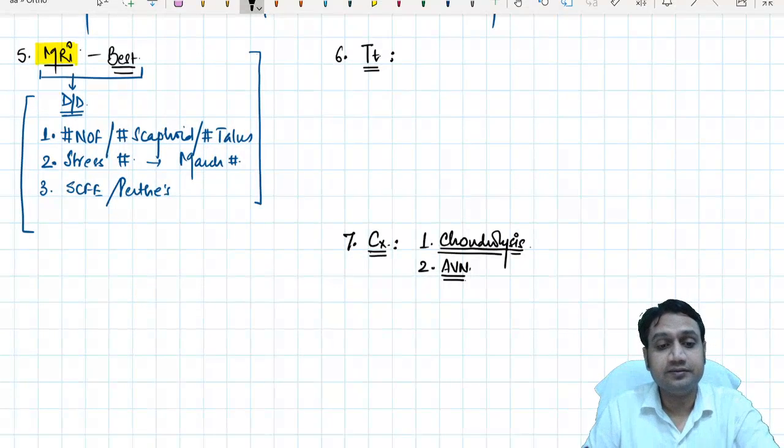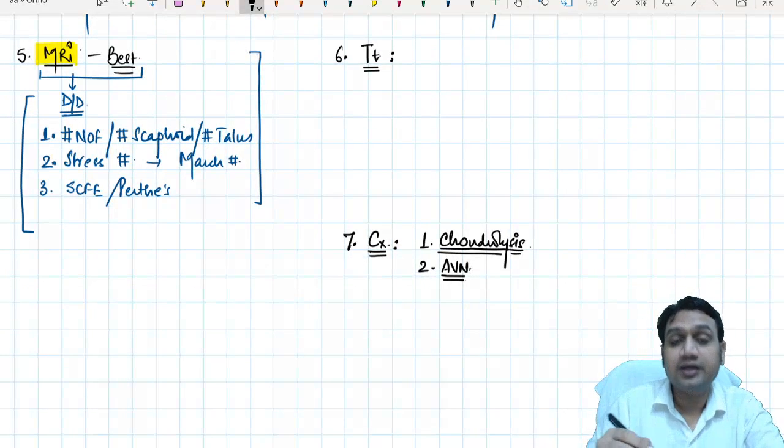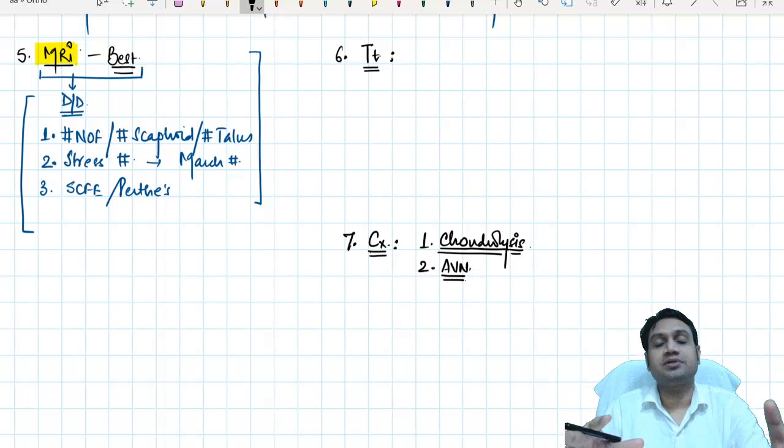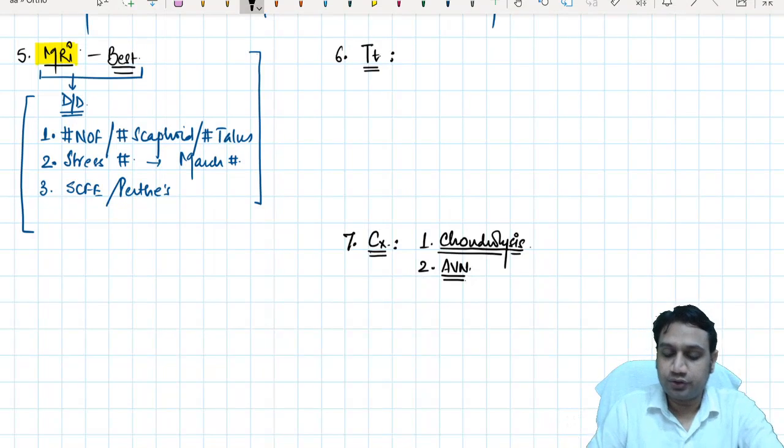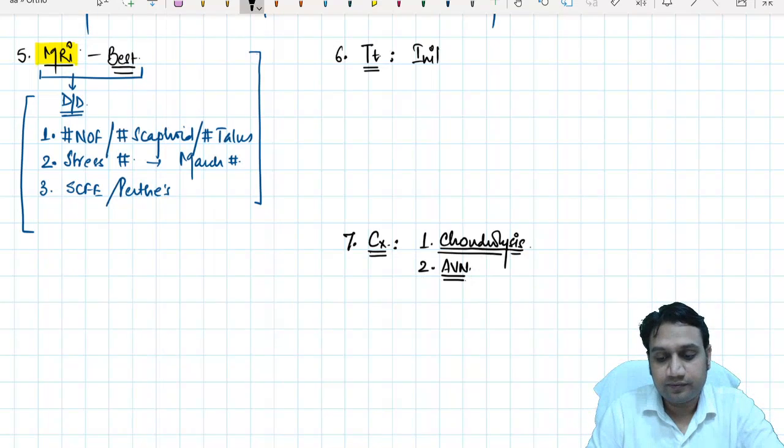How do you treat it then? The acute slip, you know that acute slips will present like a fracture immediately occurred. Okay, so treatment would initially be conservative.